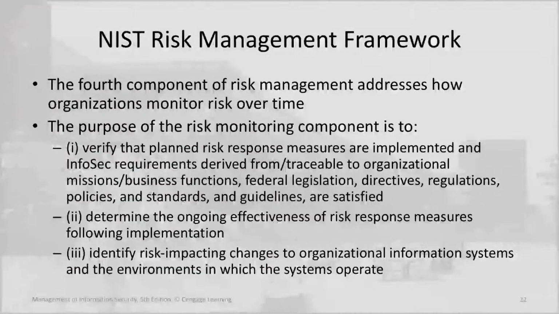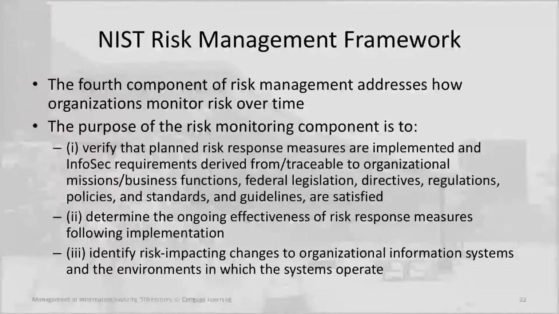The fourth component of risk management addresses how organizations monitor risk over time. The purpose of the risk monitoring component is to 1. Verify that planned risk response measures are implemented and information security requirements derived from and traceable to organizational missions and business functions, federal legislation, directives, regulations, policies, and standards and guidelines are satisfied. 2.